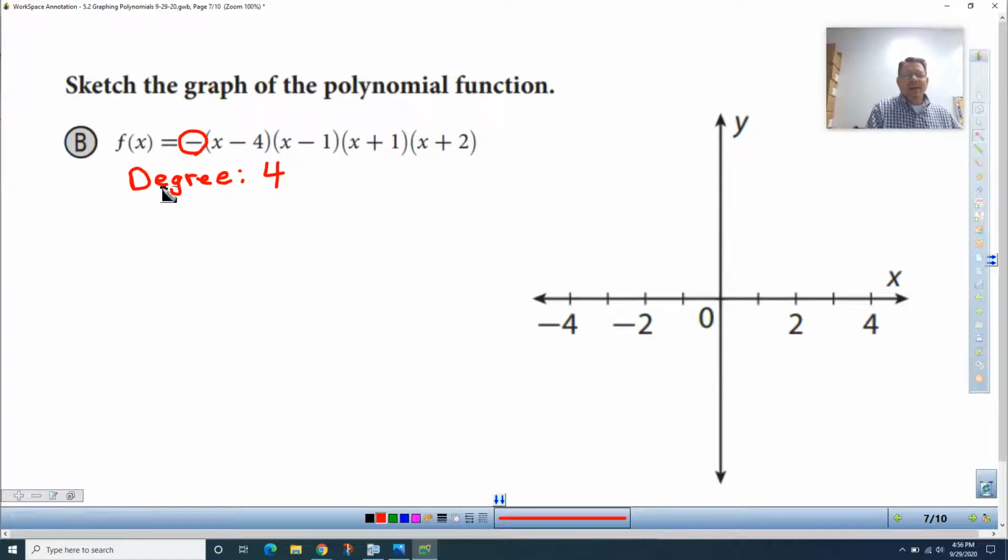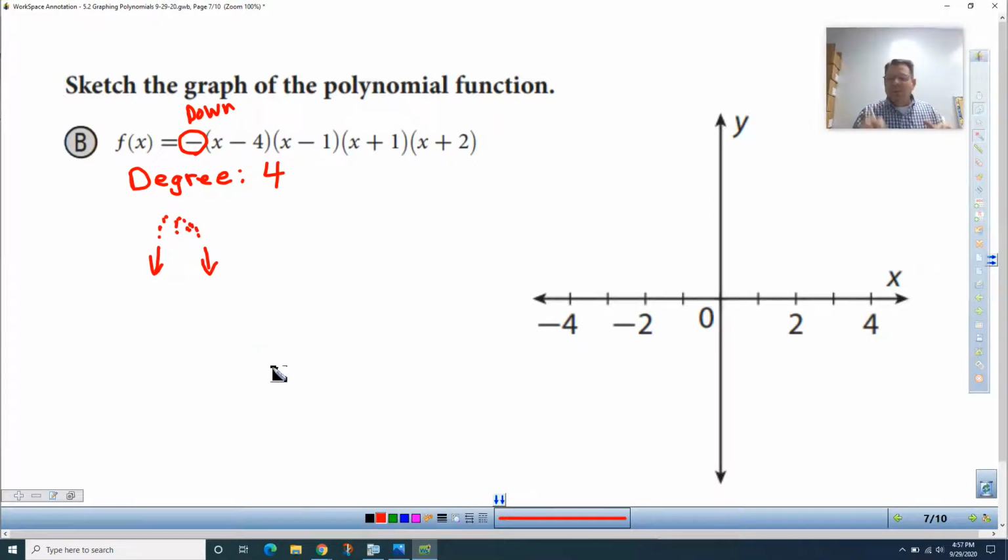Because of the negative, and we know for degree 4 it's going to be both up or both down. So is it going to be both up or down? Well, this negative tells me that they're going to be both down, right? So this is a down. I don't know what's going to happen all here, whatever, right?